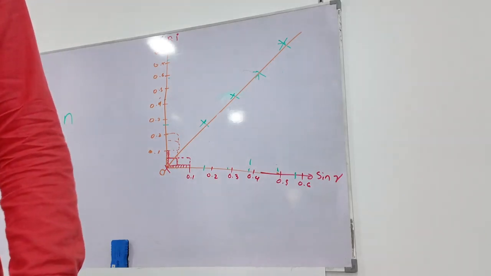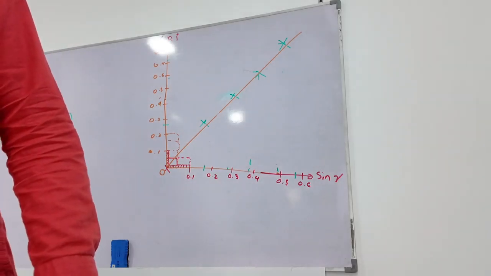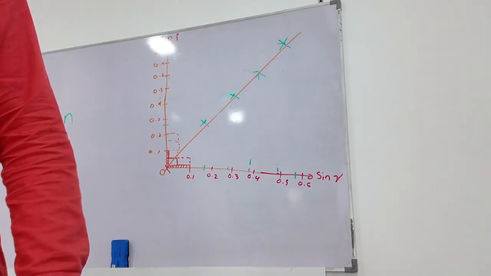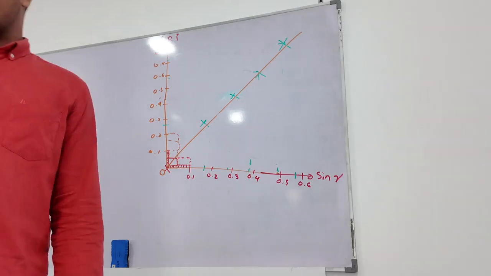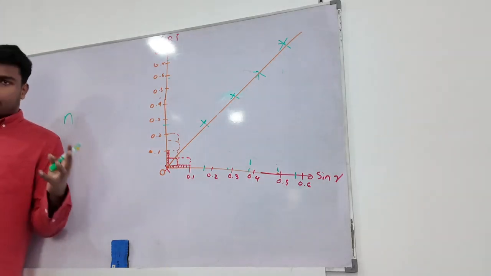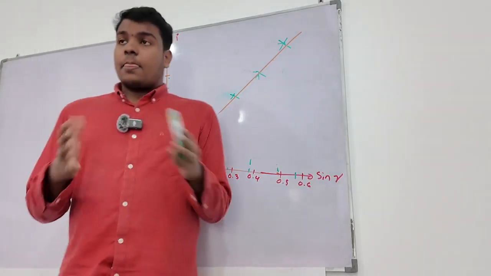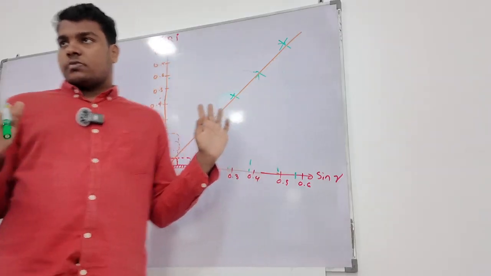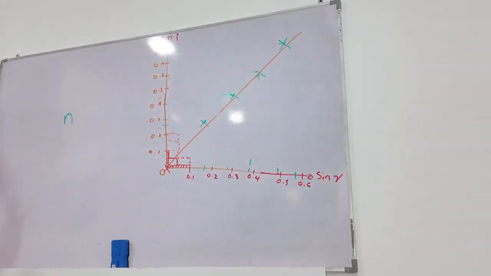Okay, I'll just give a small explanation on what is this refractive index. Simply, refractive index is like a ratio. It's a ratio that we take which explains how much light bends in a medium.